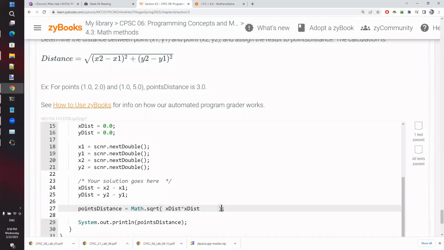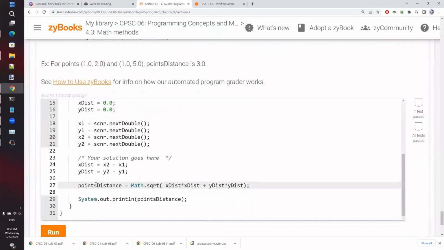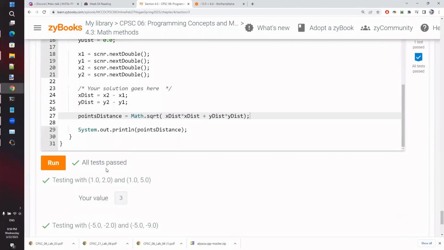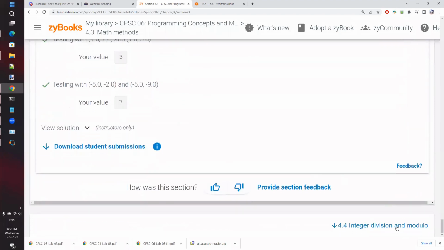We're multiplying by itself. So that's how I would do that. And then I would have plus, and then we have y2 minus y1 squared. Again, you could use the power function, or you could just say this is yDist, and to square it, it would be yDist times yDist. So yDist times yDist, like that. To me, this looks correct and relatively concise and relatively easy to read, right? And it calculates it and it says we're good.